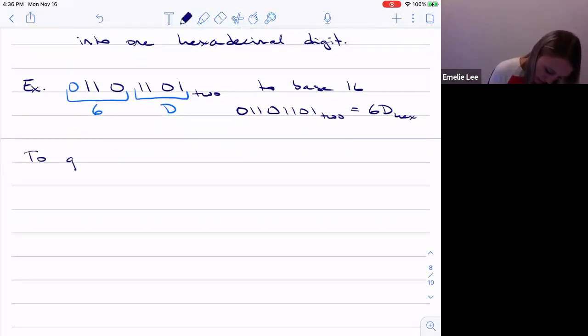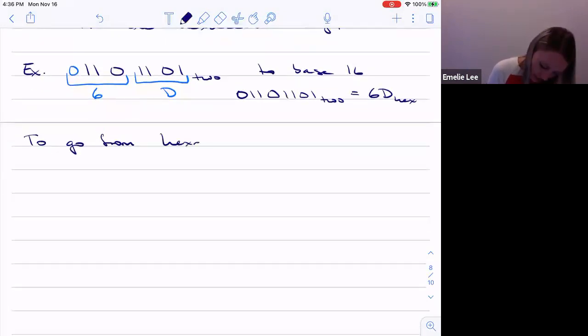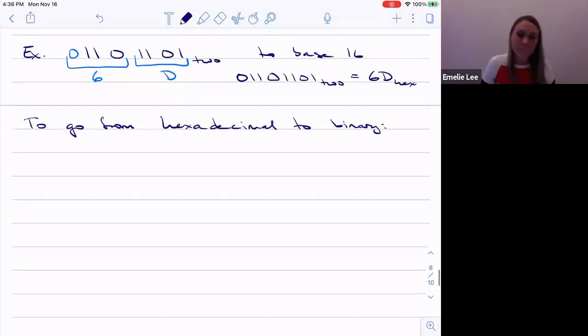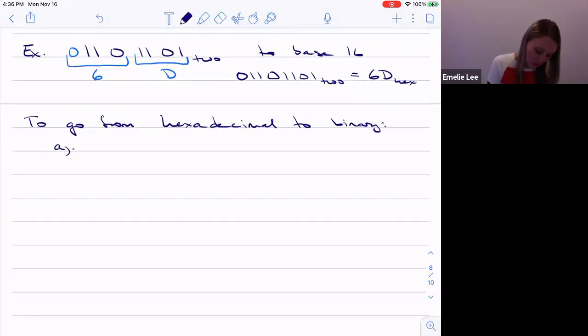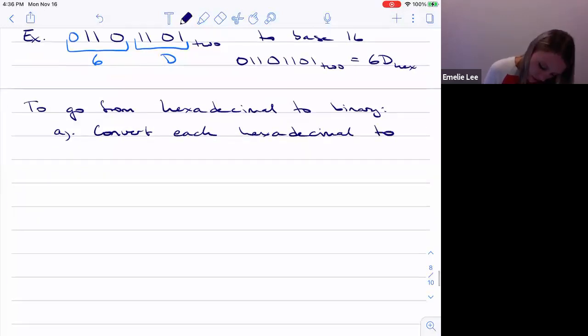So to go from hexadecimal, now we're actually going from hexadecimal to binary. The first thing you have to do is convert each hexadecimal to a 4-digit binary.